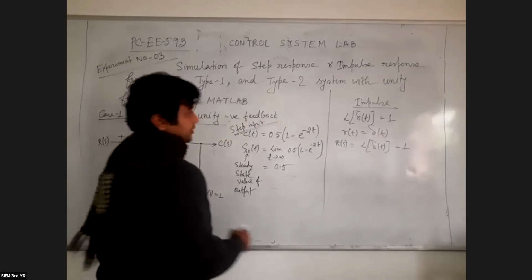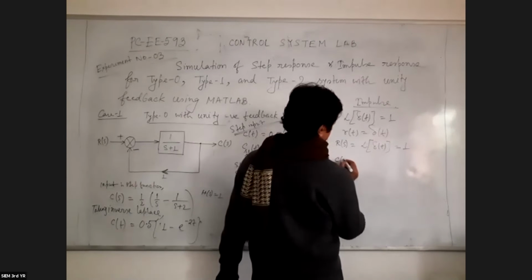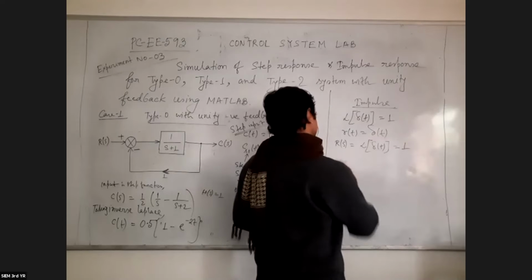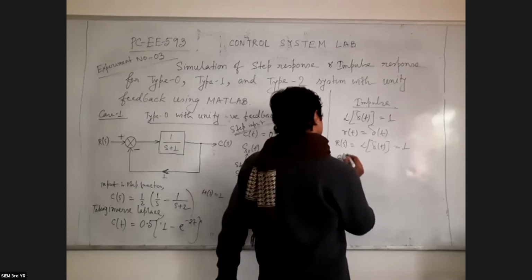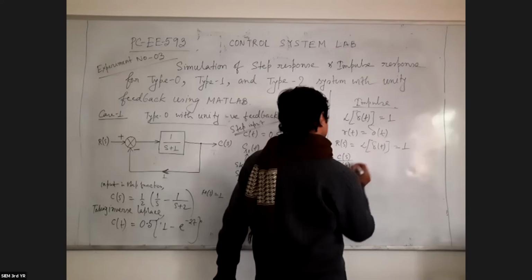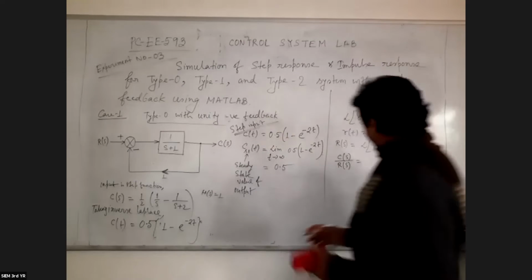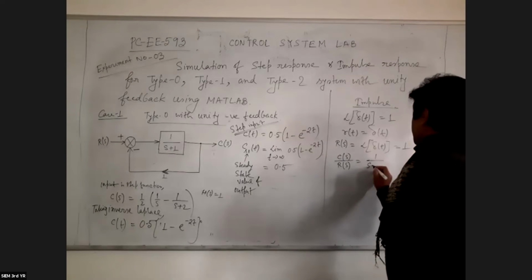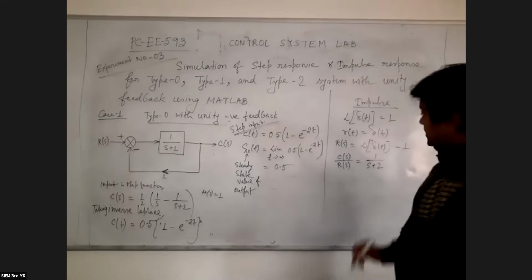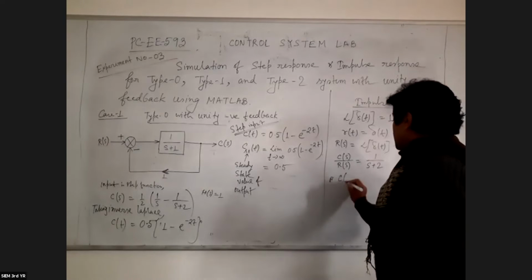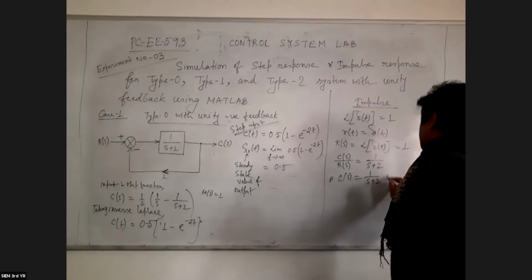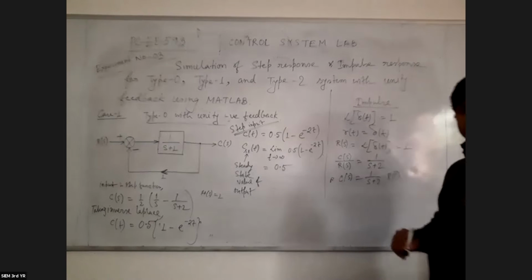That is the ultimate equation we have obtained: C(s) by R(s) equals 1 by s plus 2, or C(s) equals 1 by s plus 2 into R(s).